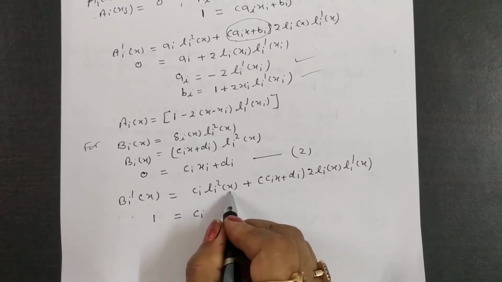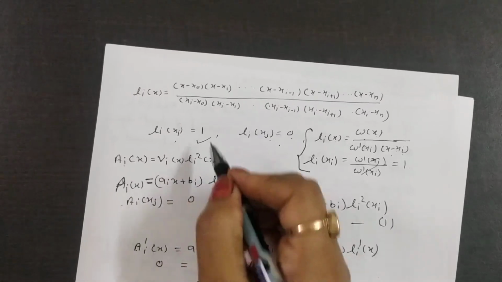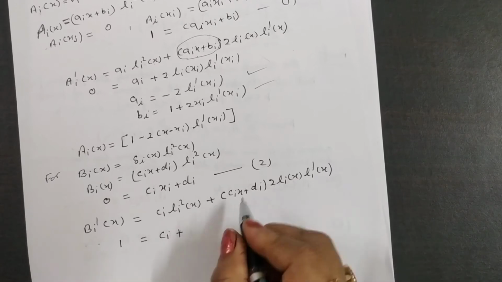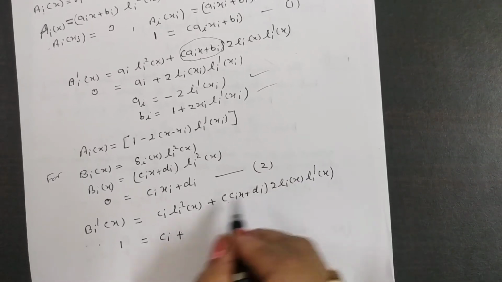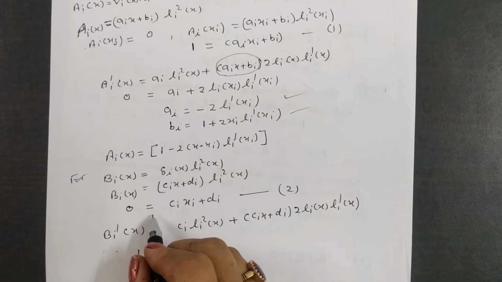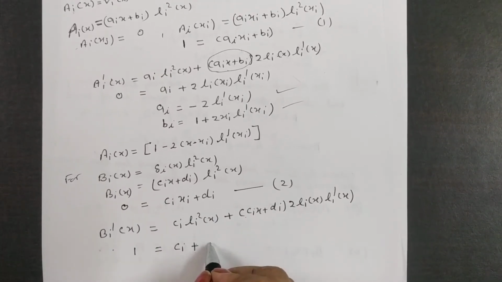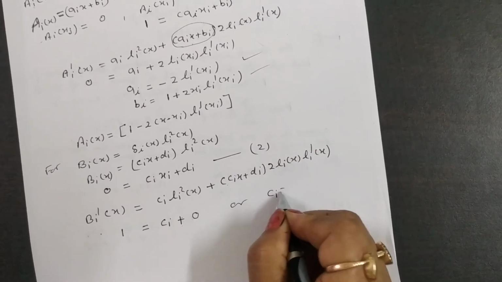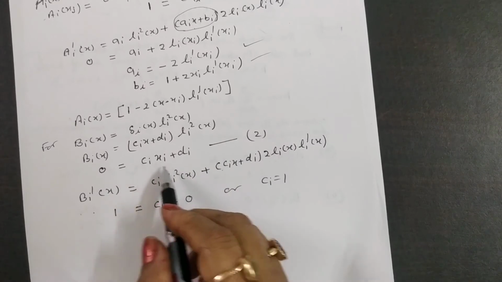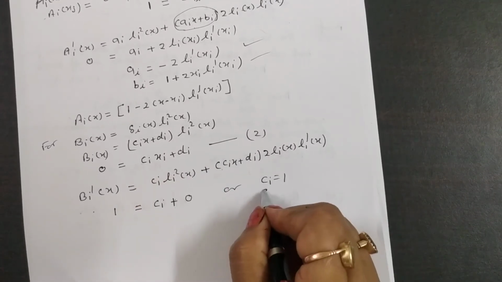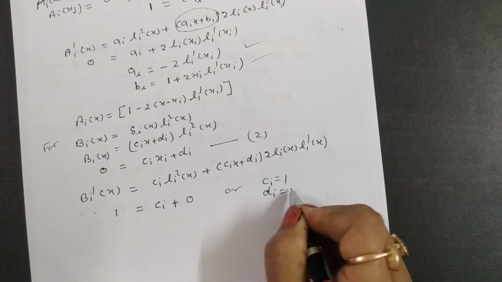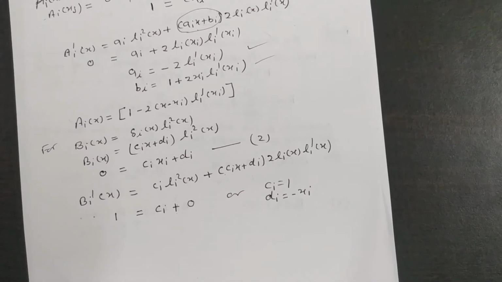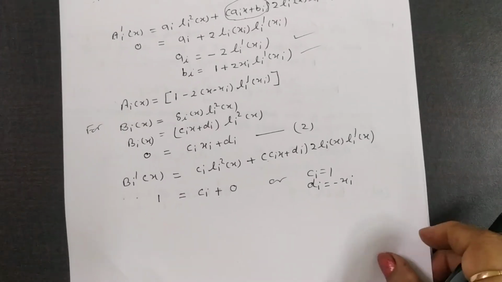Li square xi is equal to 1, plus ci xi plus di, which from equation number 2 is 0. So you get ci equal to 1, and then di is minus xi. Clear? In that way you calculate all the values.